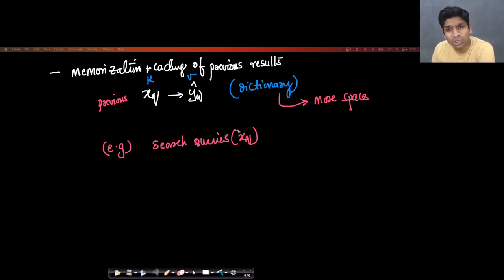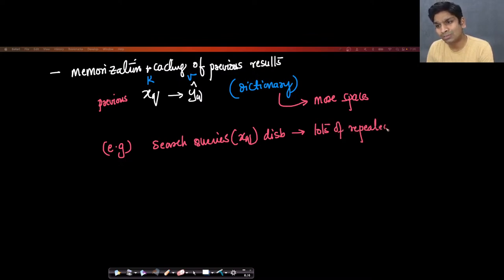If the search queries repeat, typically if you see the distribution of search queries, there is a lot of repetition of the same search queries. Imagine if there is a football match that's happening. People search for the football match results very often. In such a case, caching can be helpful, right? If you have a lot of repeated XQs, this is a good idea.